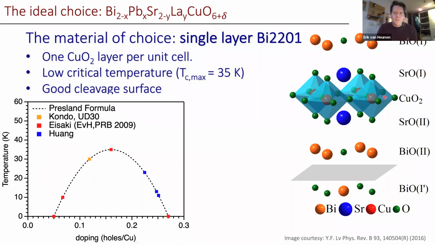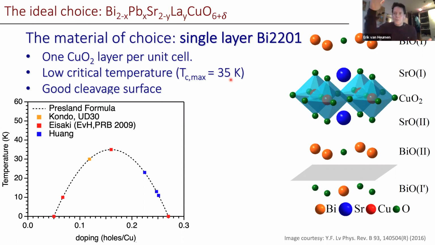For optical experiments, it doesn't matter so much whether it's 1, 2, or 3 layers, but really it removes any worry about possible interband transitions between bands that come from this bilayer splitting, for example. So that's not a thing to worry about. It's particularly nice also because we do photo emission experiments on these materials, and the analysis of that is a lot simpler. Another nice thing about this material is that it has a low critical temperature.